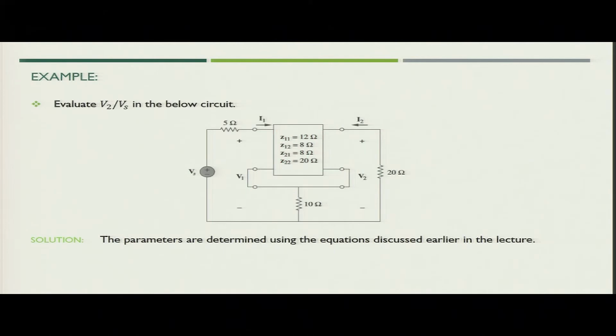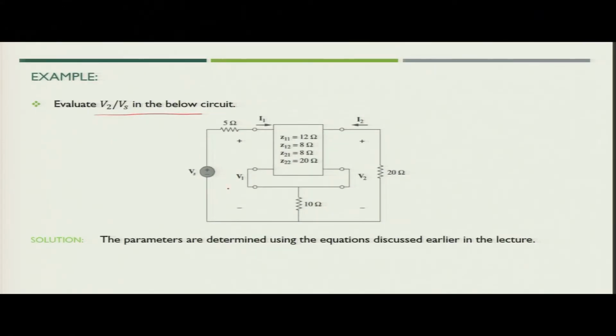Now, let us understand these concepts, the interconnection of networks which we discussed till now, with the help of a few examples. In this case, the Z parameters of one 2-port network are given, and the Z parameters of the second network we need to find out.